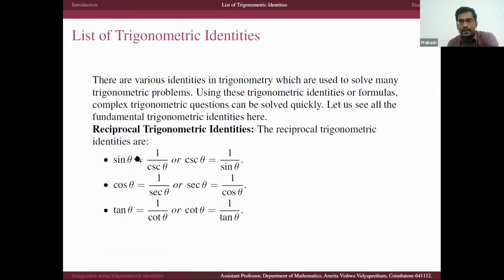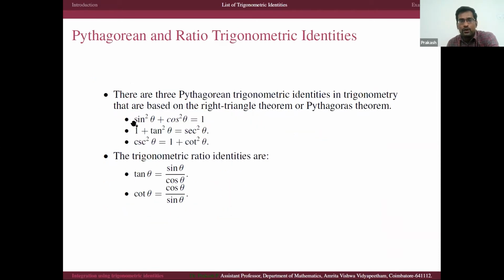We already know the reciprocal trigonometry identities. Here sine theta is 1 by cosecant theta, and cosecant theta is 1 by sine theta. These identities are very important, and we need to know them because we will use them in finding the integral.